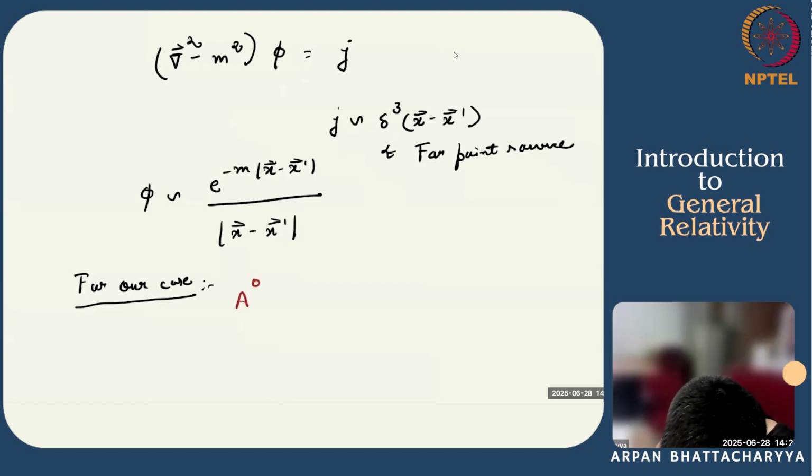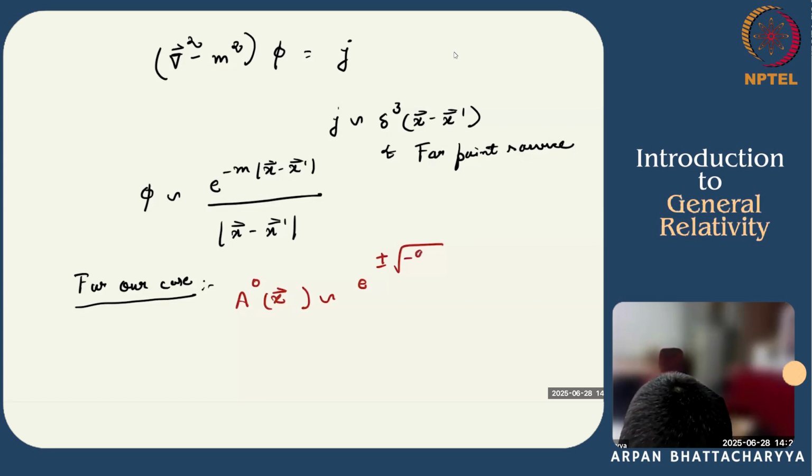a0 is, up to some proportionality constant, we don't care, exponential plus minus A3 by A1 times.